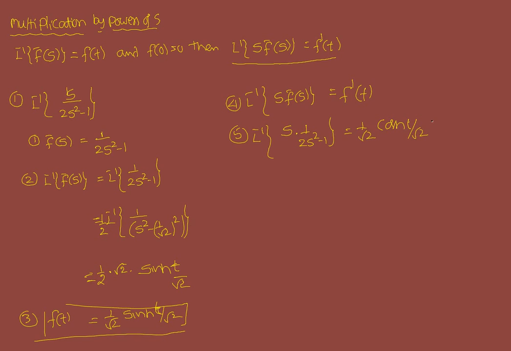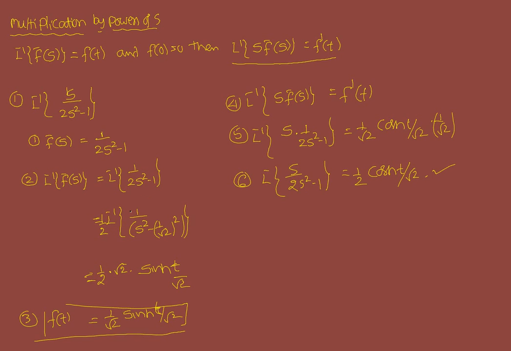Differentiating t by root 2 gives 1 by root 2, therefore it is 1 by 2 into cos t by root 2. So L inverse of s by 2s square minus 1 is equal to 1 by 2 cos t by root 2.